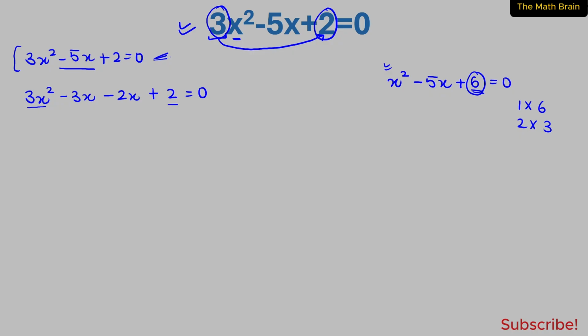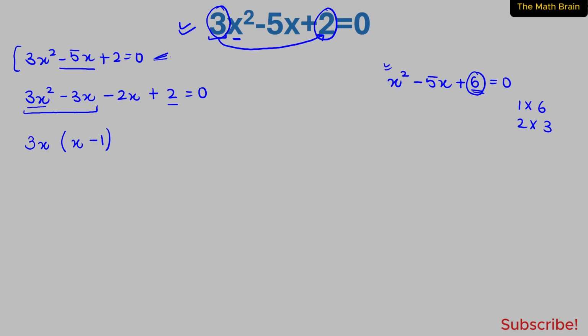Now, by taking factors common, we will get 3x common and x minus 1.